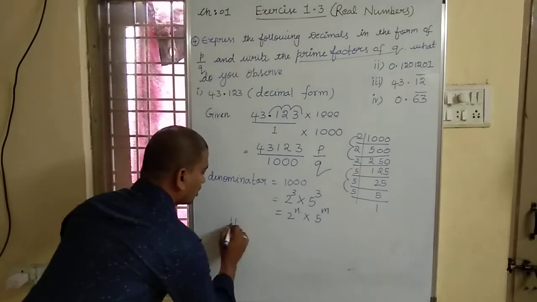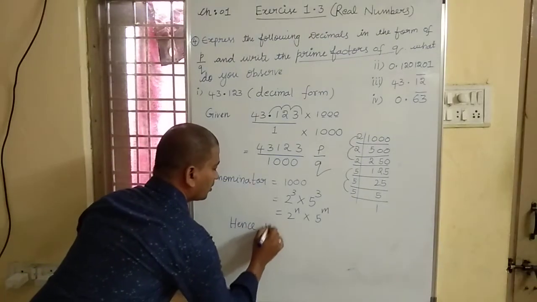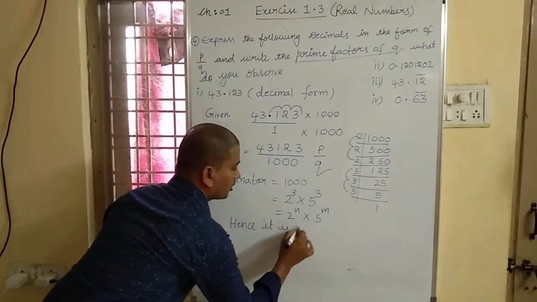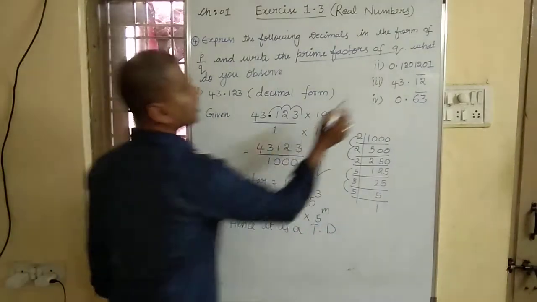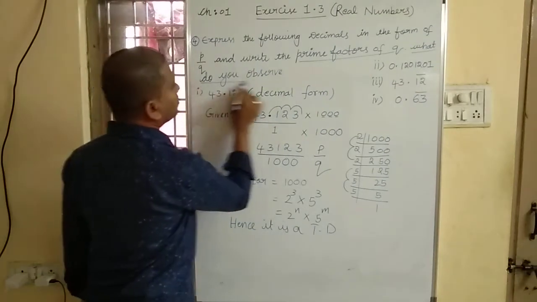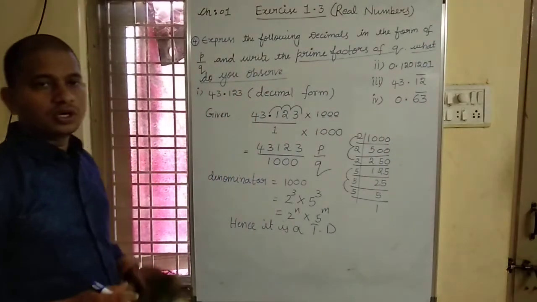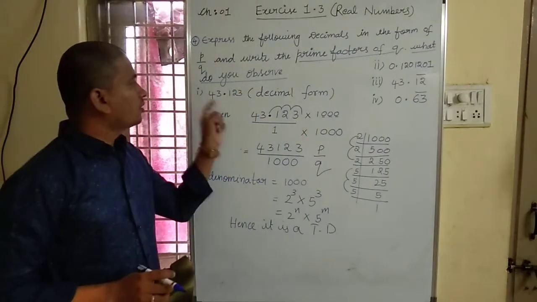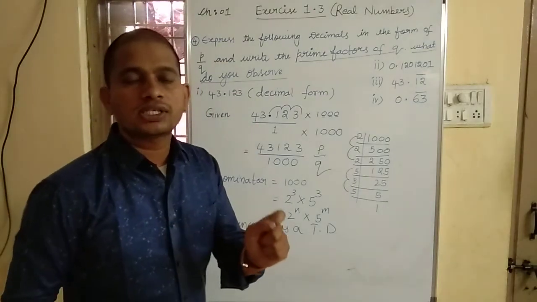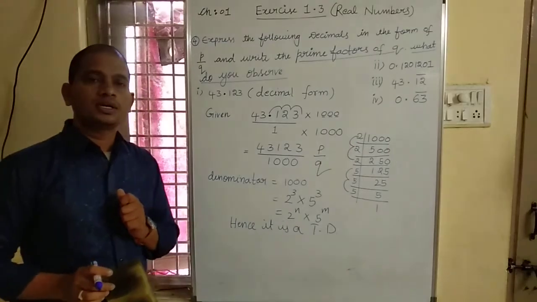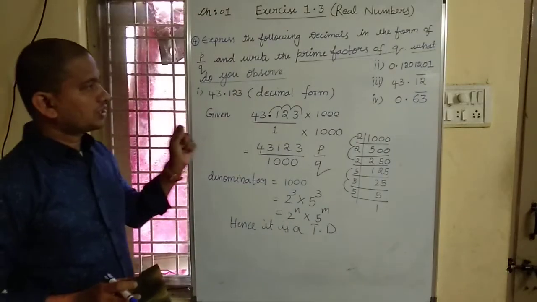Hence, 43.123 is a terminating decimal form. That is about the first part.